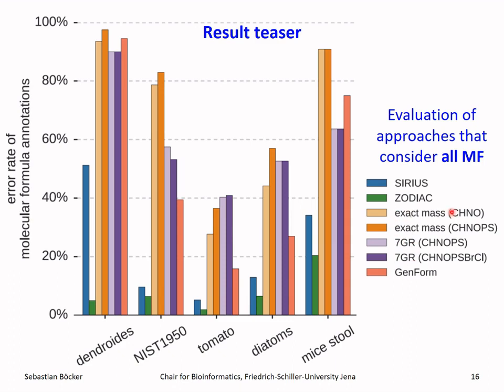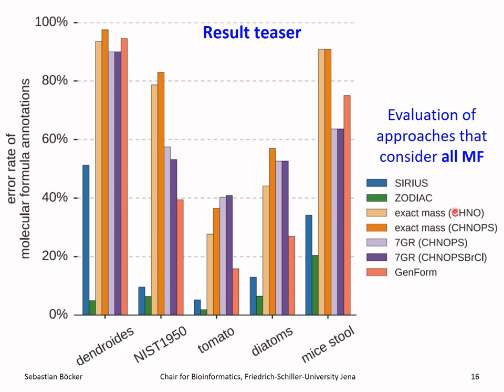Exact mass, even if restricted to a tiny alphabet of elements, CHNO, gets something between 30% and 90% errors. Gets even worse if you add more elements. I mean, 90% of the compounds that we evaluate on are made from CHNO, so you usually gain again if you restrict the alphabet a little bit further.